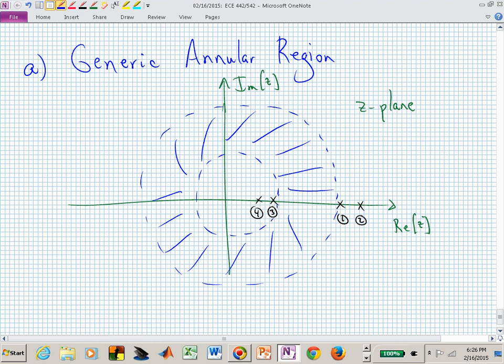Do you see that you could create a lot of different annular patterns from these four poles, but you're still going to have an annular pattern? You could have that donut between 3 and 4. You could have the donut between 1 and 2. But you can't have poles inside the region of convergence. Is that clear?